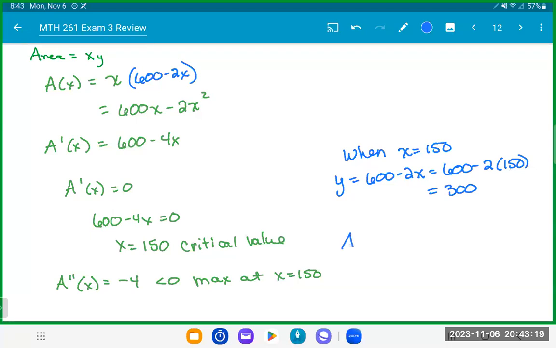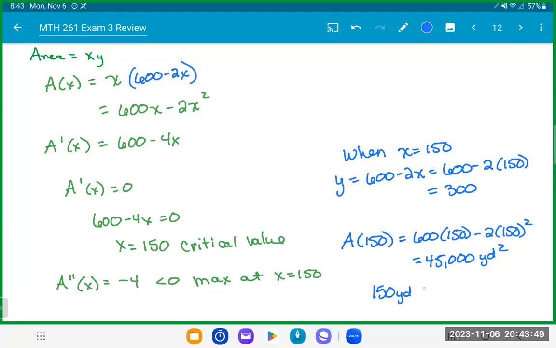When I evaluate my original function at 150, that gives me 600 times 150 minus 2 times 150 squared, and that will give me 45,000 yards squared. So my maximum area will be 45,000 yards squared, and that occurs when I have a fence that is 150 yards by 300 yards. Okay. Questions?